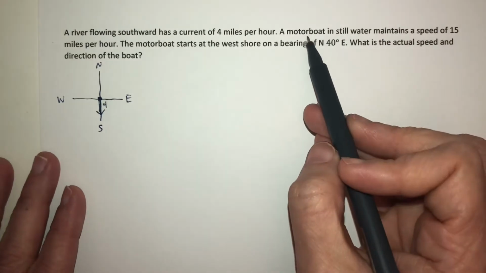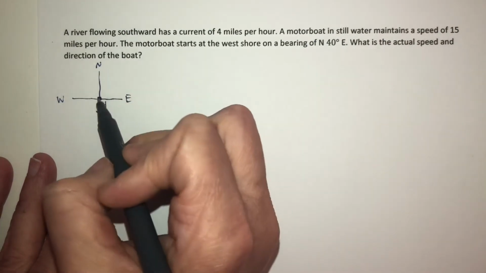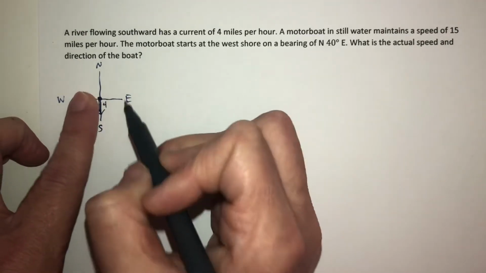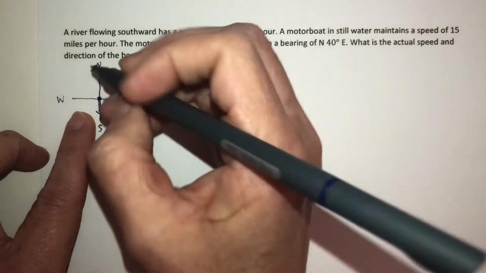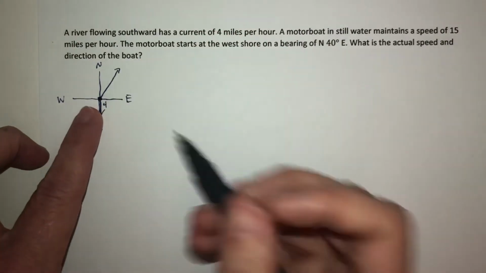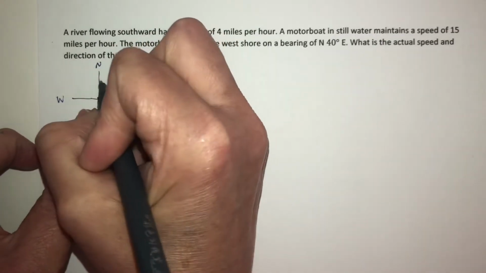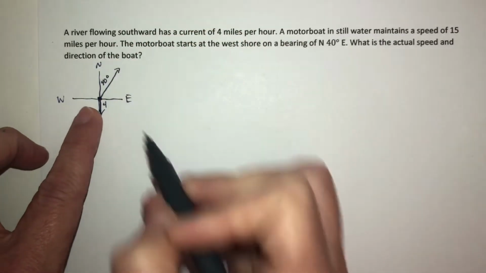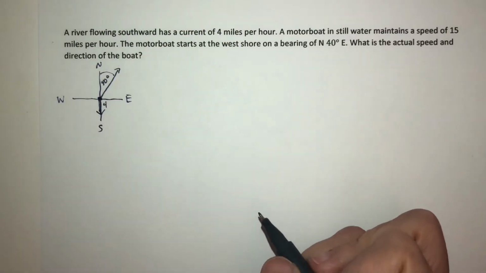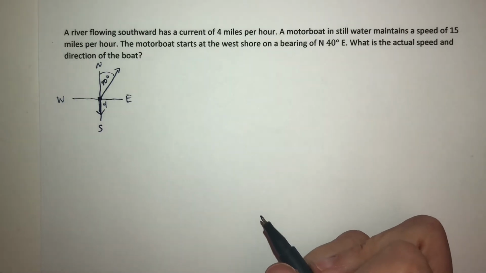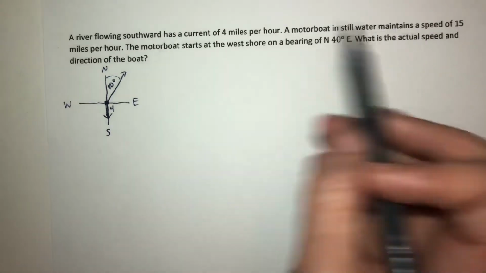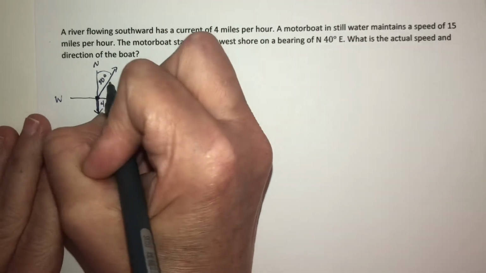Now, a motorboat starts on the west shore and goes on a bearing of north 40 degrees east. So north 40 degrees in the easterly direction. All right, the motorboat itself can go at 15 miles per hour.